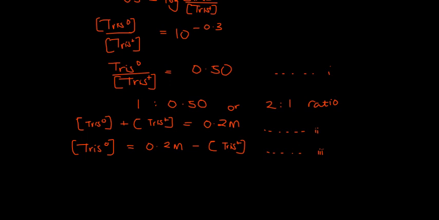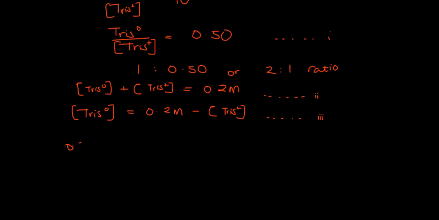So we write that the Tris base is 0.2 molar subtracted by the concentration of the Tris acid, divided by the concentration of the Tris acid, is equal to 0.5 or 1/2, which was our ratio.